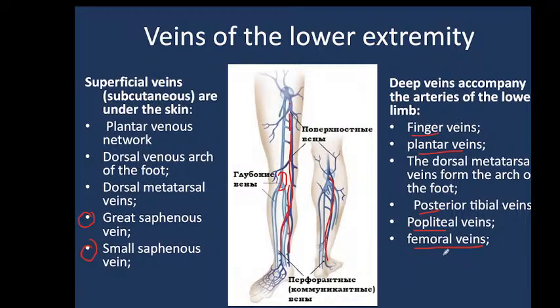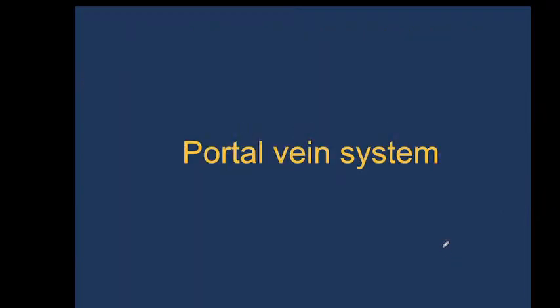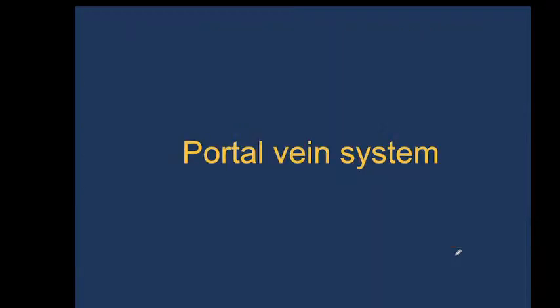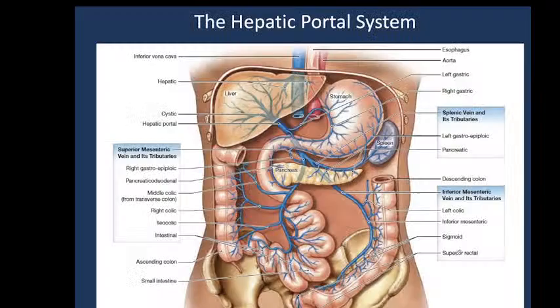I forgot to add that all of these deep veins have the same name as the arteries. We call it the femoral artery, and the femoral vein accompanies this artery. This is the same principle we see in the different parts of the lower extremities.